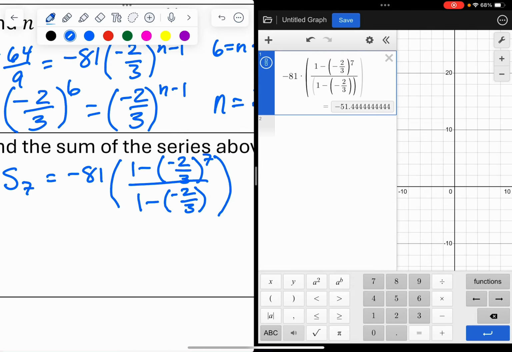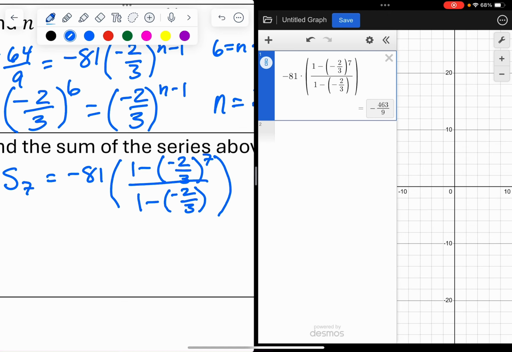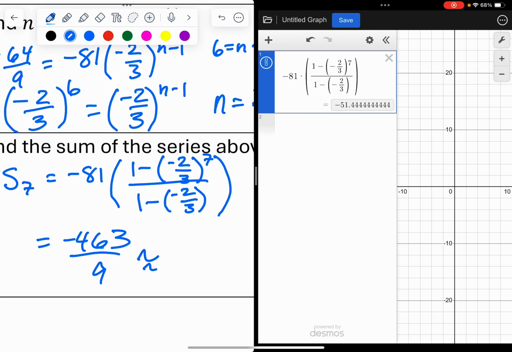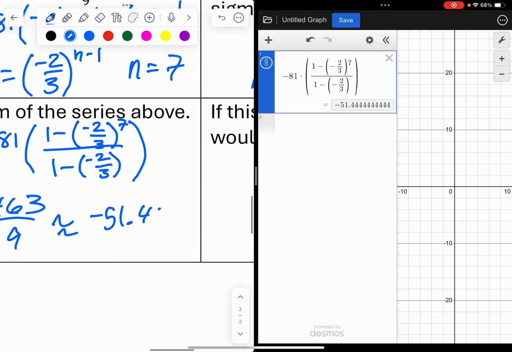Close that parentheses. We kind of need a parentheses here, but it's not going to change anything. Okay, there's that fraction. So the sum is equal to negative 463 over 9, which is approximately equal to negative 51.444.